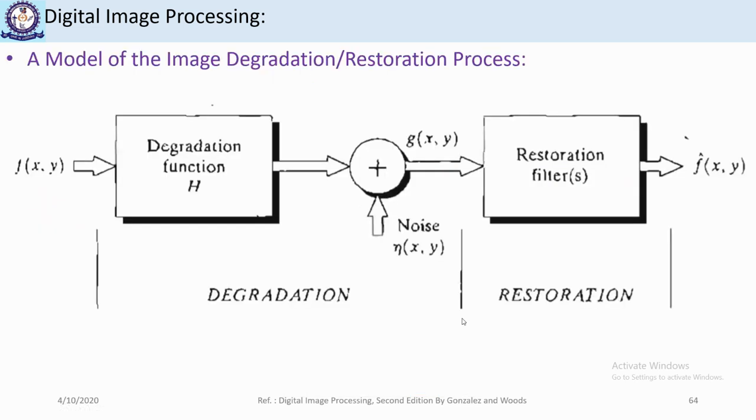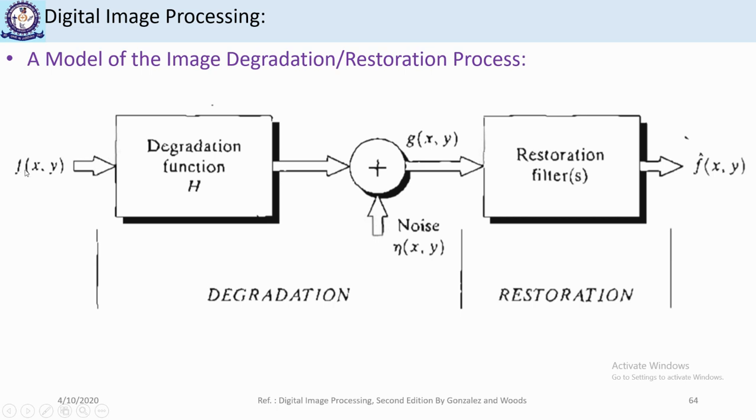a model of the image degradation restoration process. Here is the original image, and it is passed through a degradation function. If we know this degradation function, it can be treated as a function.